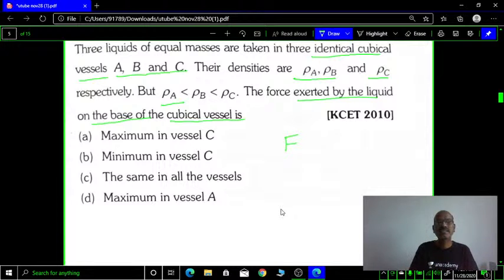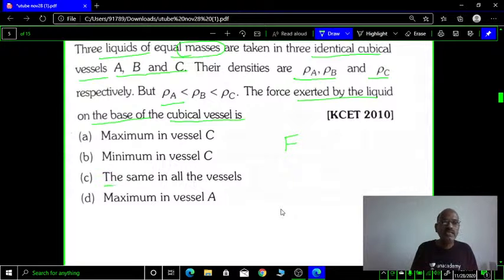See that 3 liquids of equal masses are taken in 3 identical cubical vessels A, B, C. Density is given, but the density of A is less than B, less than C. The force exerted by the liquid on the base of the cubical vessel. We all know the pressure exerted by the liquid on the base of the vessel, P equals H rho G, right? It always exerts equally in all directions.